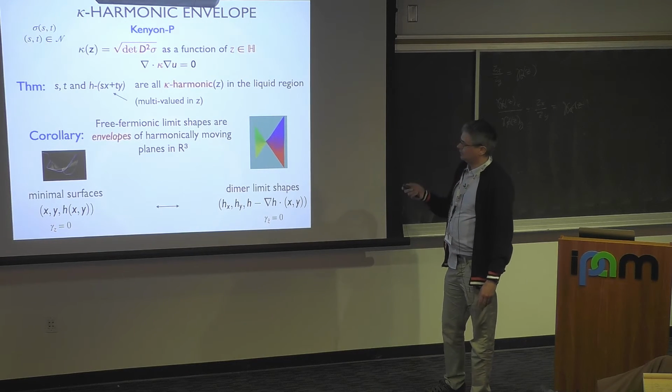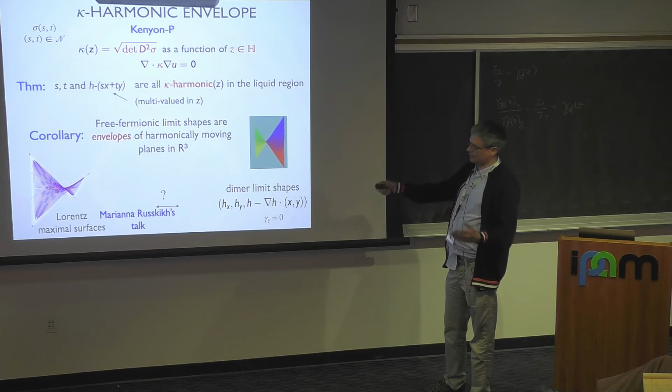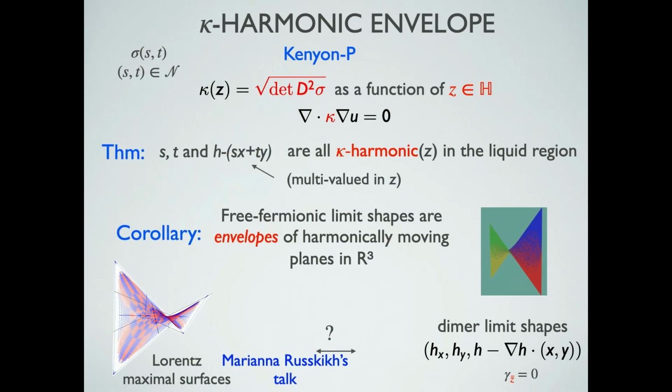So, of course, there should be maybe a more direct connection with the Lorentz maximal surface, as we have seen in Mariana's talk. So this is the Arctic circle in the Aztec diamond limit shape for dominoes, and this is this Lorentz maximal surface. And well, in this case, they are exactly the Legendre duals, and so they give the same complex structure.